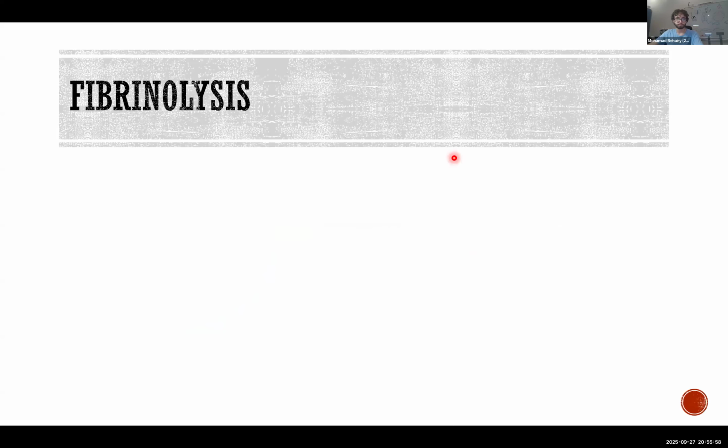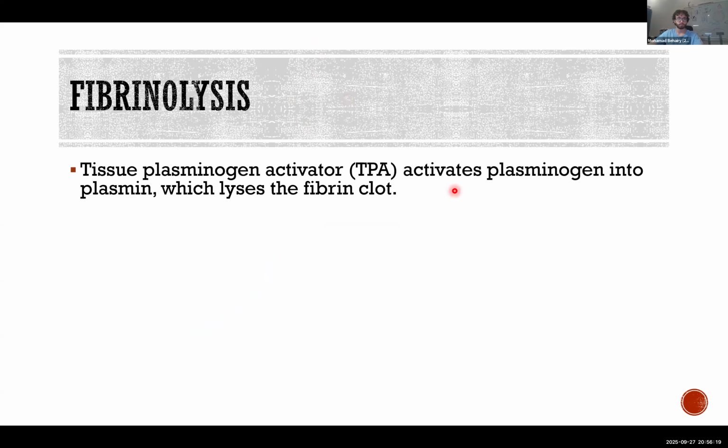Now that finally the body recovered from the injury, we don't need the fibrin anymore, we don't need the platelets anymore. We're going to break down the fibrin. Do you guys remember what breaks down the fibrin? Exactly, plasmin.